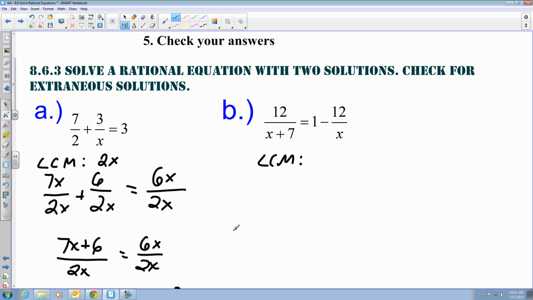I'm just going to put x here, so then it'll be 12 over x, and then x plus 7. This will be x up here, equals x over x minus 12 over x.